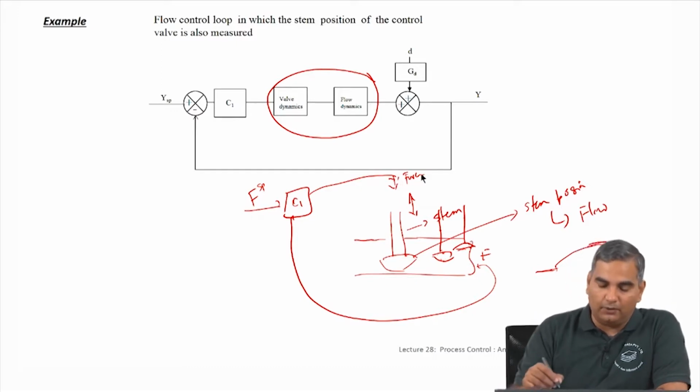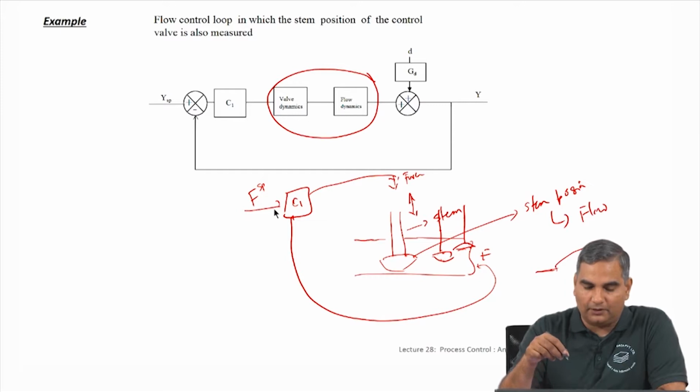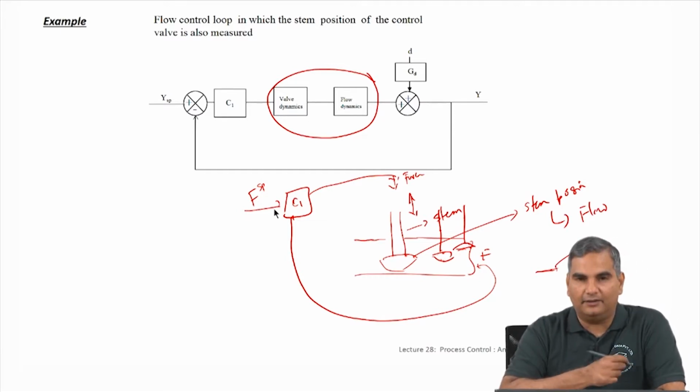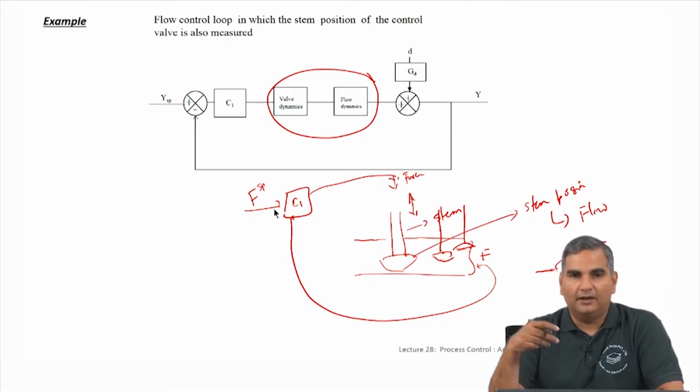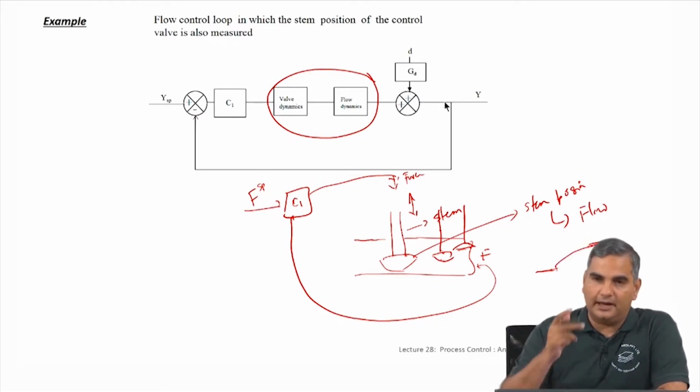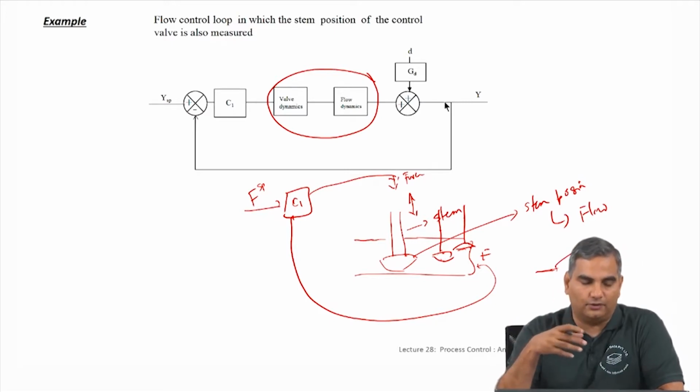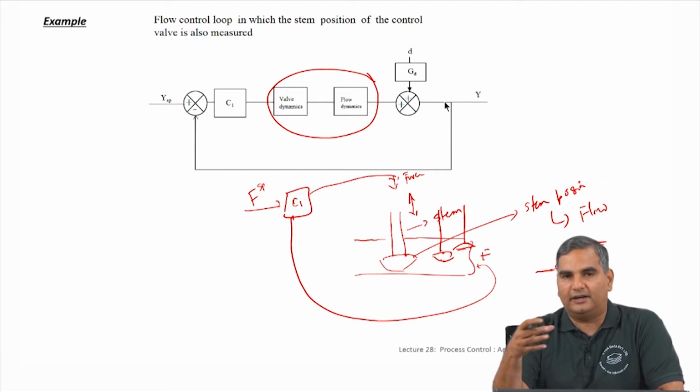So, when you think about this whole loop and you think about the controller, the error between the y set point and y is driving the process in terms of a force, right, which is applied on the stem, and before you see a change in the flow rate in response to a control action, there are two different dynamics that operate.